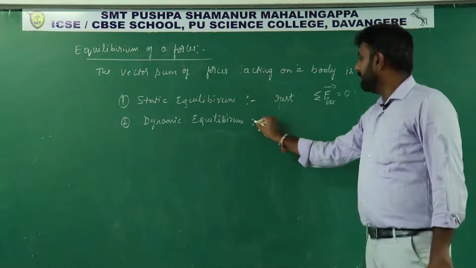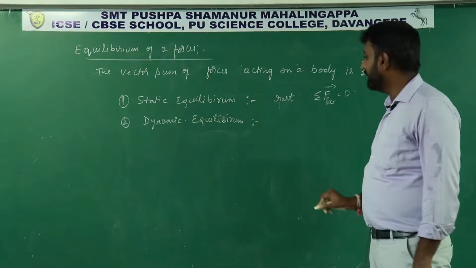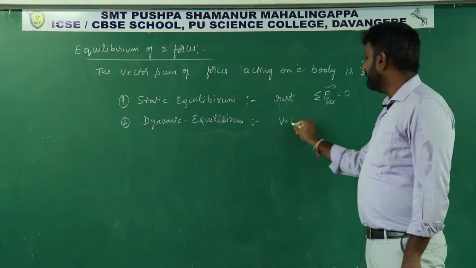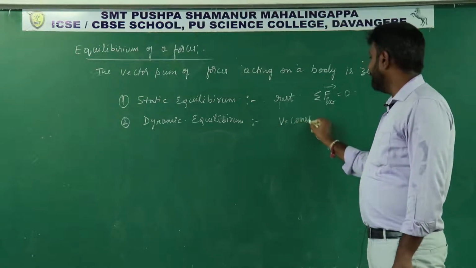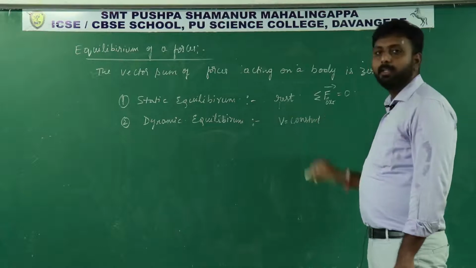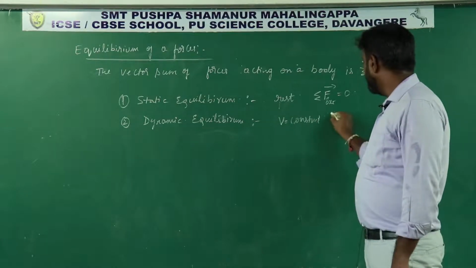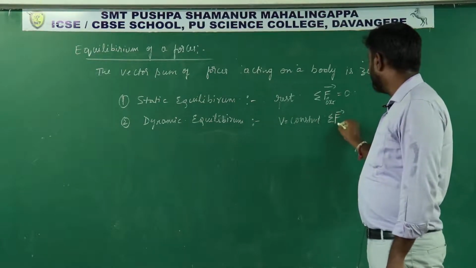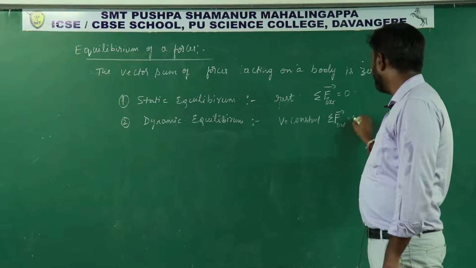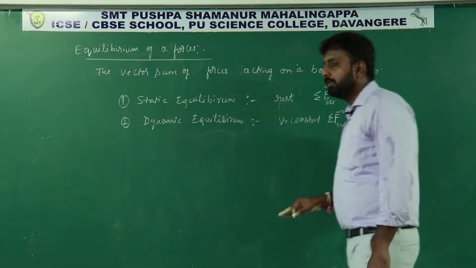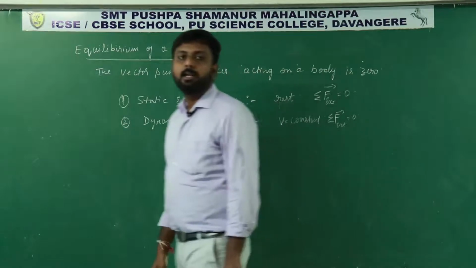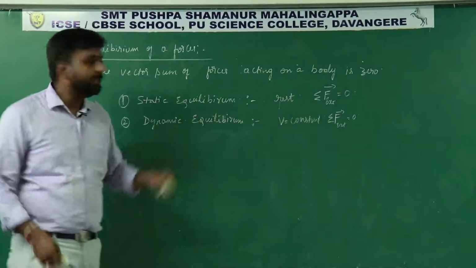Dynamic equilibrium means if the body is moving at constant velocity, and the net external force or sum of the external forces is 0, then we can say the body is in dynamic equilibrium.